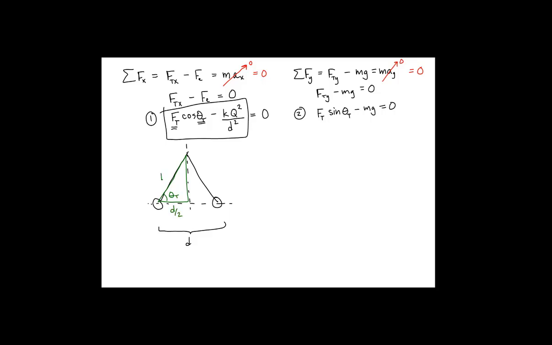The hypotenuse is L. This gives us enough information to solve for the angle. And in fact, maybe we'll need this, maybe we won't, but this also gives us enough information to solve for that side.